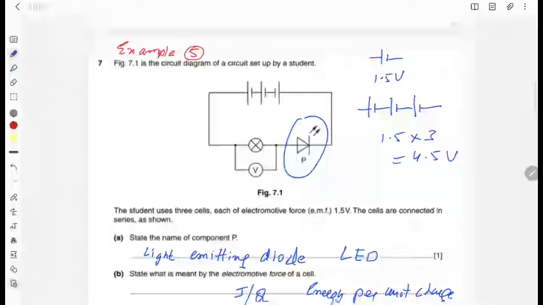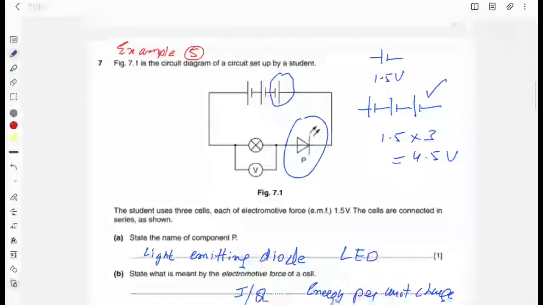But there are certain flaws. You can notice that this cell is wrongly connected in the circuit. It's supposed to be this.